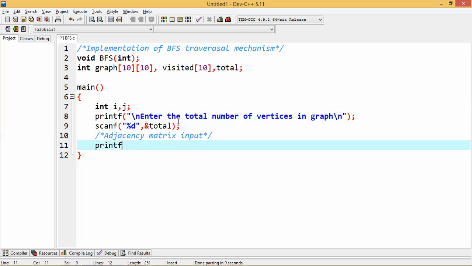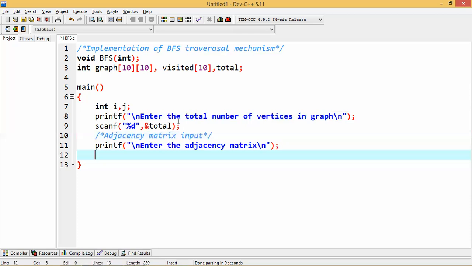Clear? So printf, enter the adjacency matrix, because this is the only matrix from which you will know which node is connected to which node and the direction from one node to another.